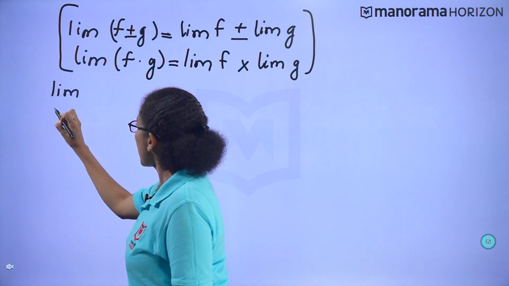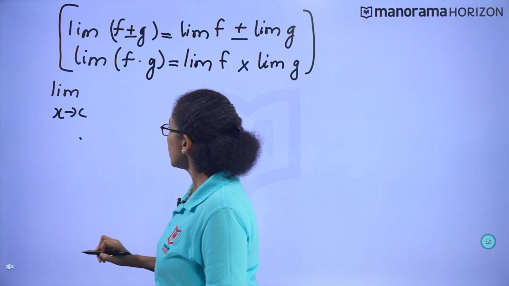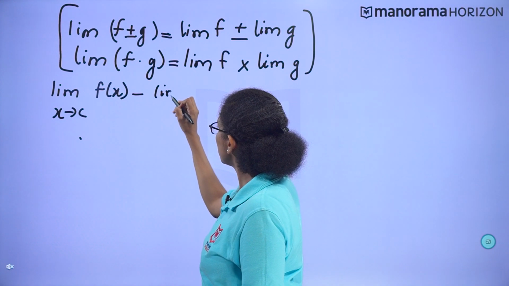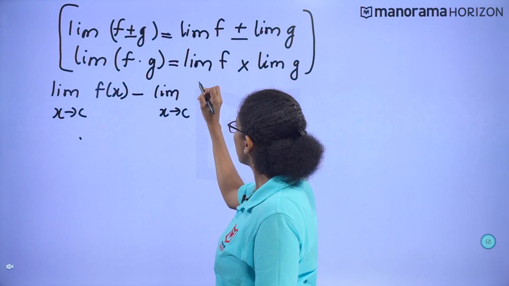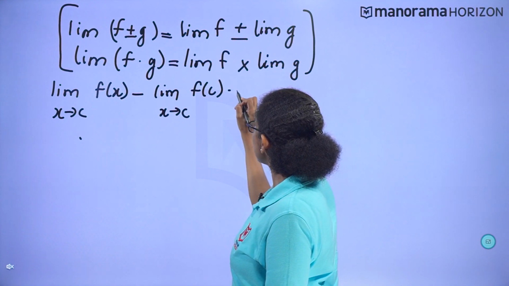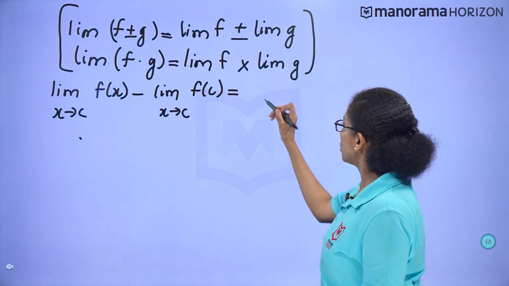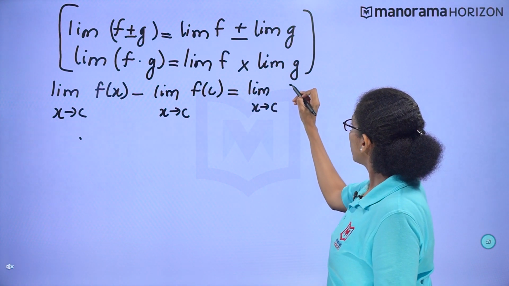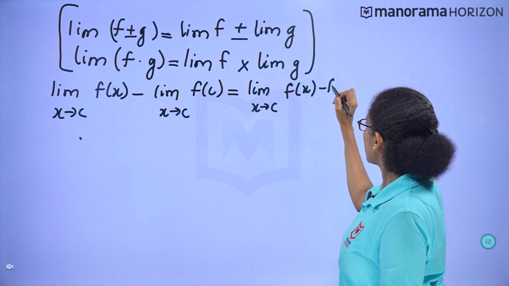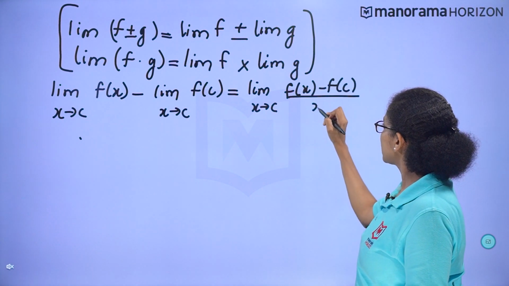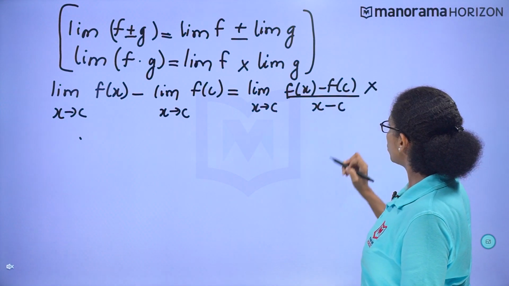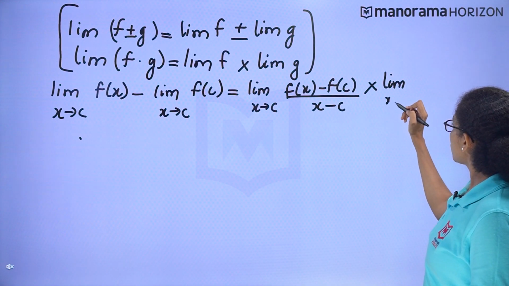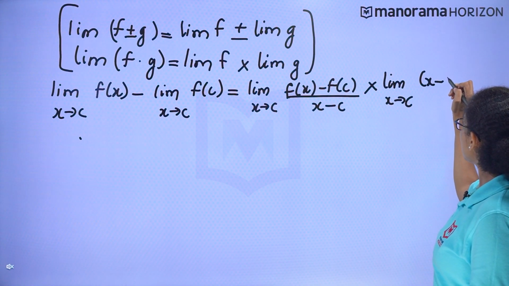Limit x tends to c, f of x minus limit x tends to c, f of c is equal to, the RHS becomes limit x tends to c, f of x minus f of c by x minus c, into limit x tends to c, x minus c.